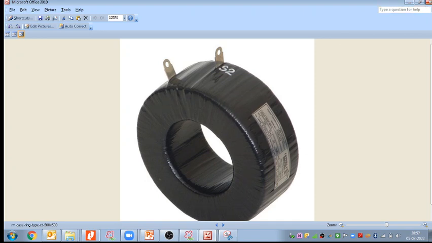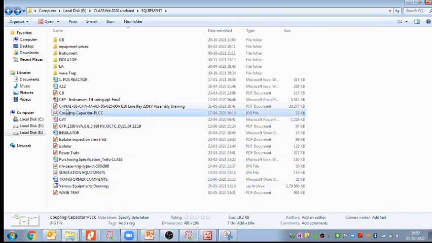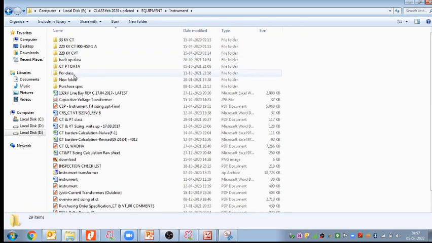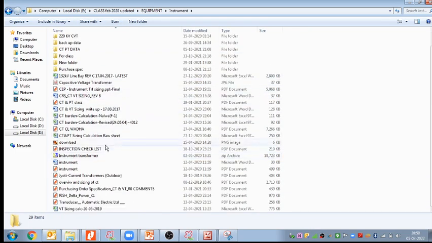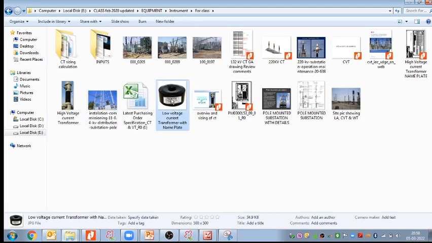This is my rating plate. Let me take any other instrument. Yeah, this one we can say.